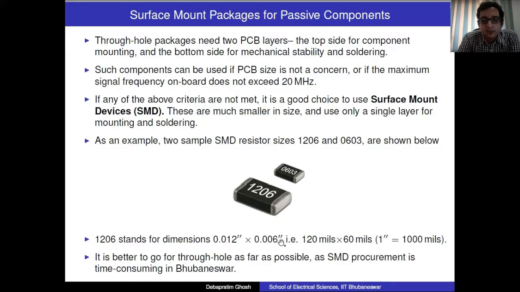Oh, I'm sorry, this is a small mistake. It's 120 mils by 60 mils. Where 1 mil is 1 by 1,000th of an inch. So therefore, it should be 0.12 inch by 0.06 inch, not the extra zero. I'm sorry, there has been a small error. For example, the 0603 also stands for 0.06 inch by 0.03 inch.